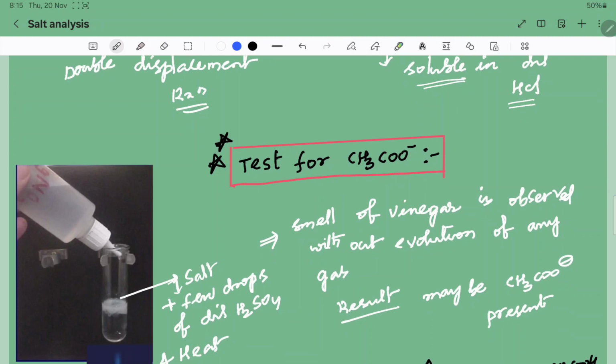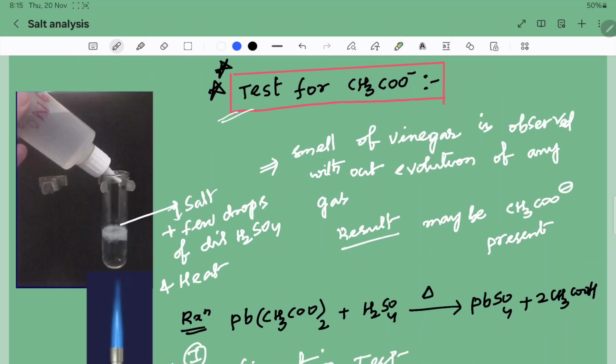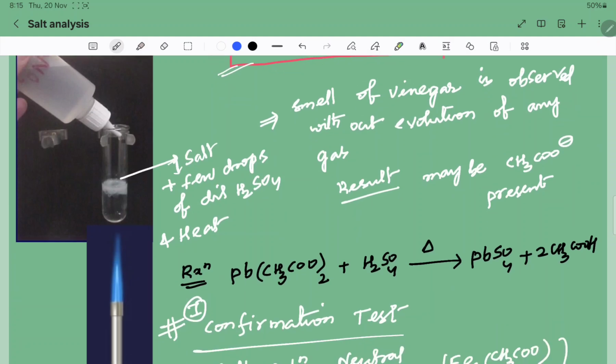It is a white precipitate. Next, we will move to the second test for our group 1 anions, that is the test for acetate. In this test, students, take the salt and add a few drops of H2SO4, then heat the mixture for a few minutes.